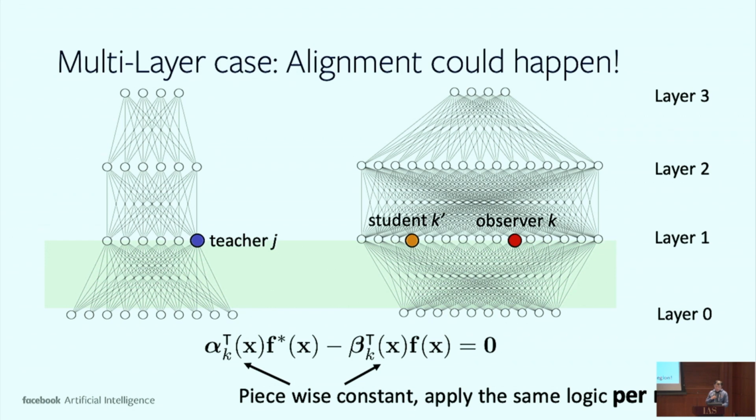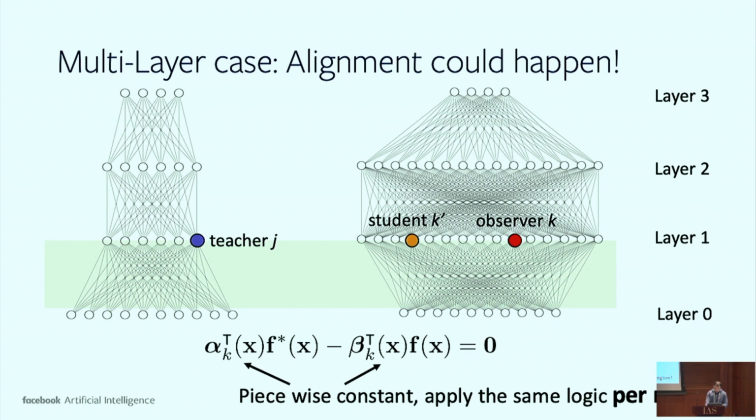For the multi-layer alignments, because of this lemma 1, we're going to have this alignment at the lowest layer by using the same logic. The only difference here is instead of having alpha and beta, you have alpha x and beta x. You have these two, and they are piecewise constant according to the lemma, and you can apply the same logic per region. That's basically the way to show it.